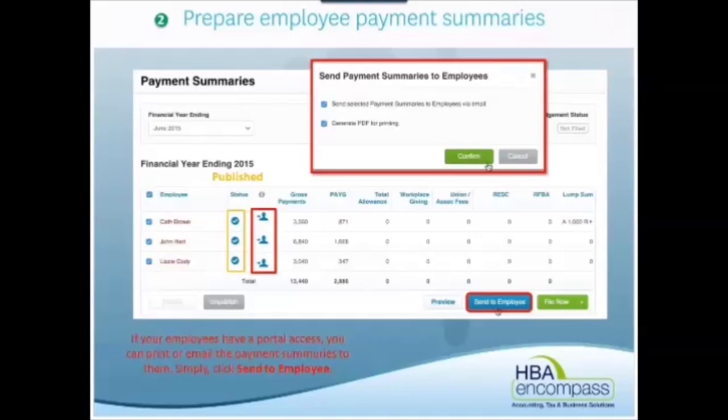If they're also set up on the employee portal, then the PAYG summary will be saved in the portal for them to download if they ever need to go back to it. You can also create a PDF and print it out the old-fashioned way and post them out, particularly for employees that have left, unless you've got a new personal email for them that you can send it through. So when it's published, you get a blue tick.